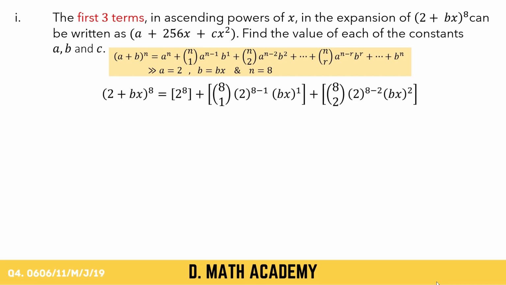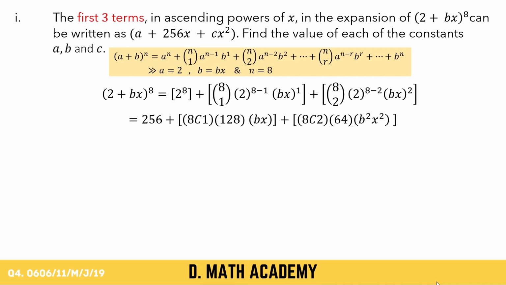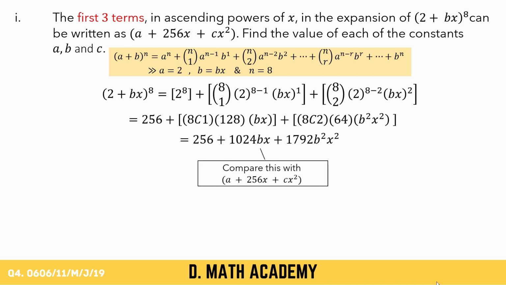Through the expansion, you will get 256 plus 1024bx plus 1792b squared x squared. So compare this accordingly. So you have to look at the x and the x squared so that you can know which one to compare together, not to confuse yourself.